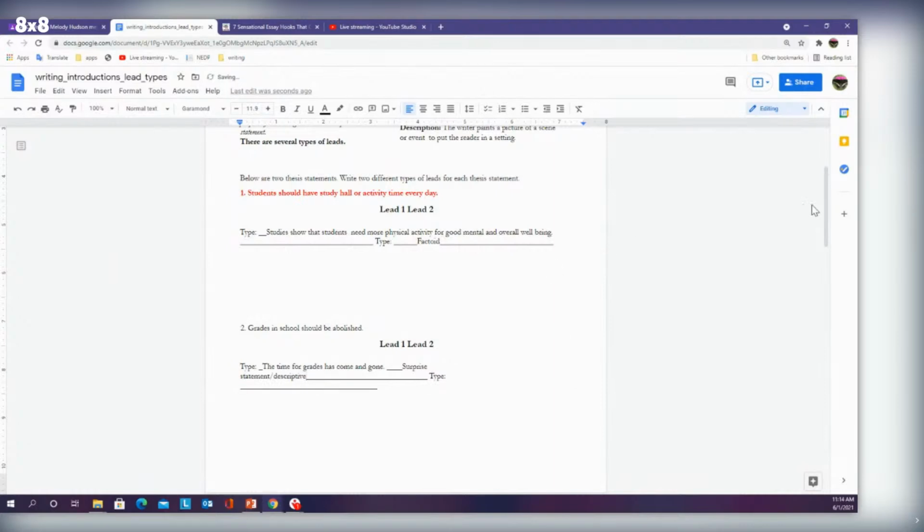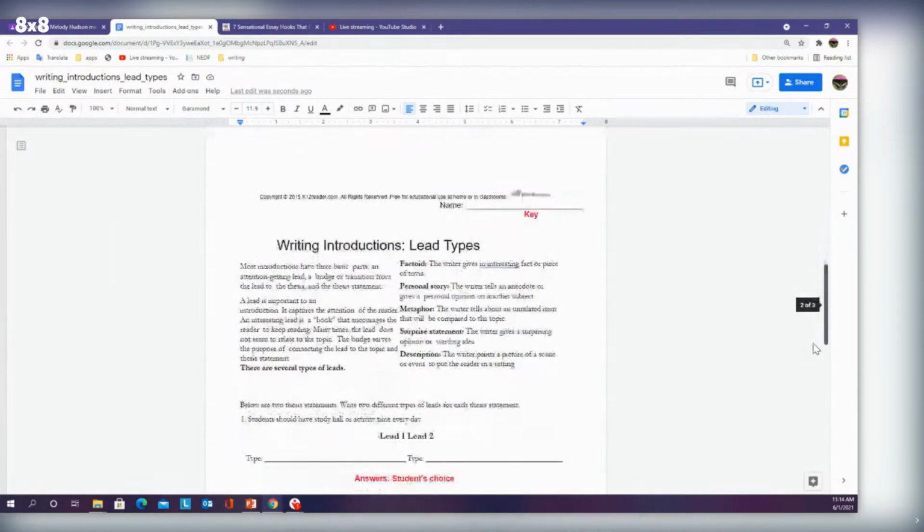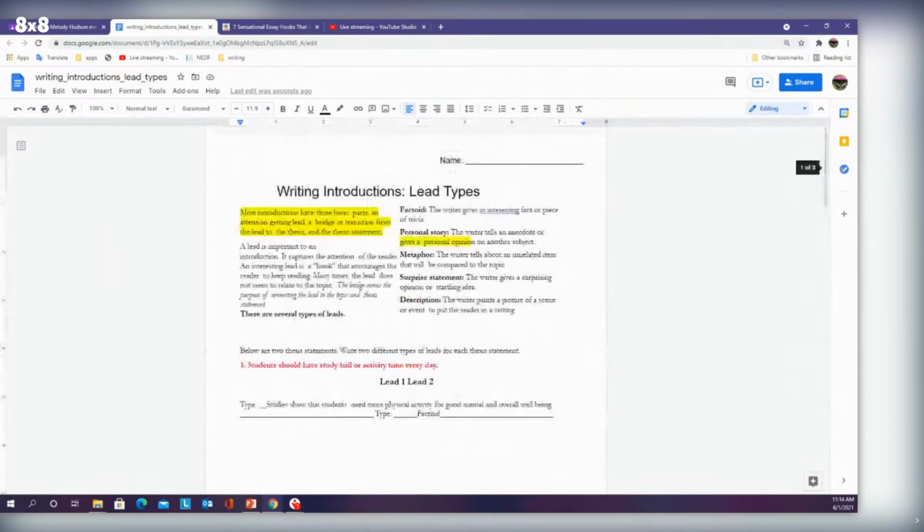Let's look at some more. Oh, that's all we have. But you could really come out with your thesis statement, your main idea, your topic sentence, right?